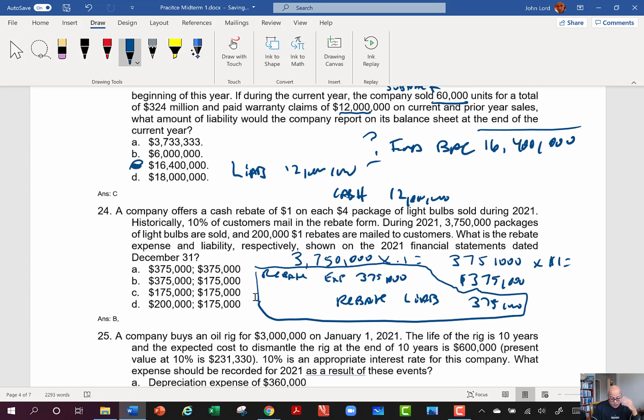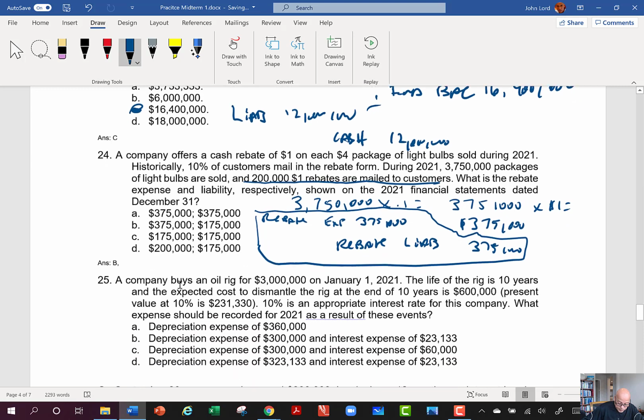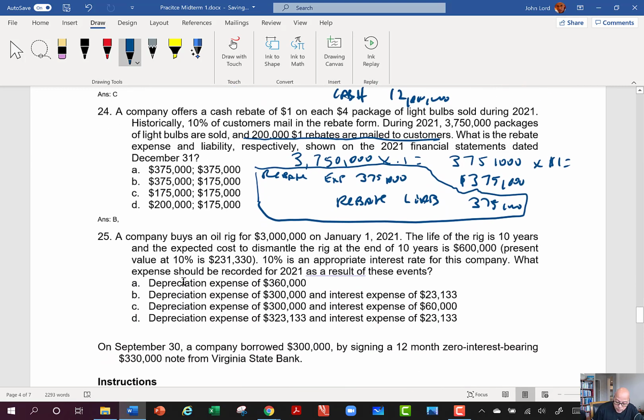Now what happens? Over the course of the year, $200,000 worth of rebates are mailed out. It's driving me nuts with having the amount of room to write all this.